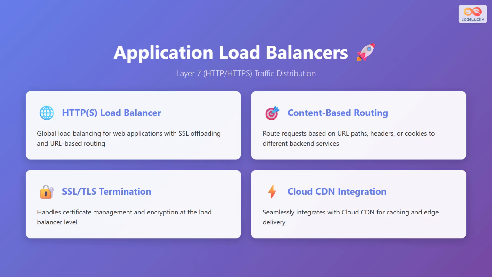This means you can direct specific types of requests to specialized servers. Application load balancers also handle SSL and TLS termination, managing certificate management and encryption at the load balancer level, which reduces the processing burden on your backend servers. Additionally, they integrate seamlessly with Cloud CDN for caching and edge delivery, further improving performance for end users.